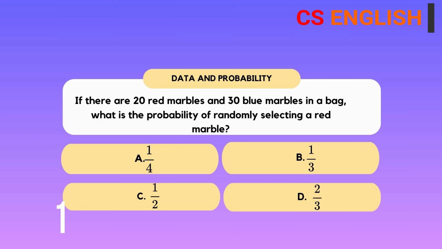If there are 20 red marbles and 30 blue marbles in a bag, what is the probability of randomly selecting a red marble? A. 1/4. B. 1/3. C. 1/2. D. 2/3.